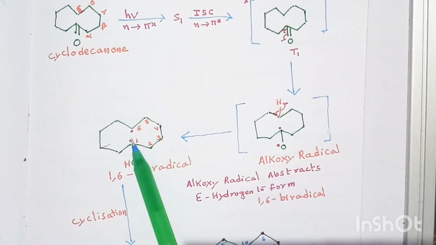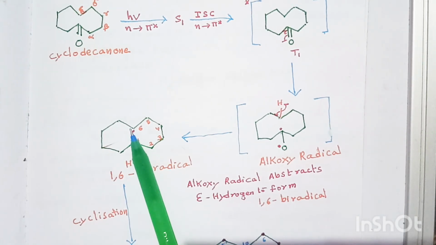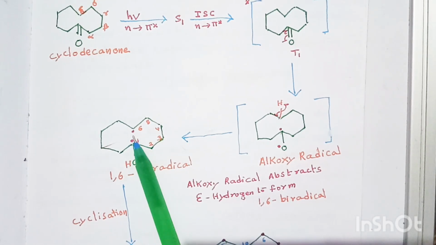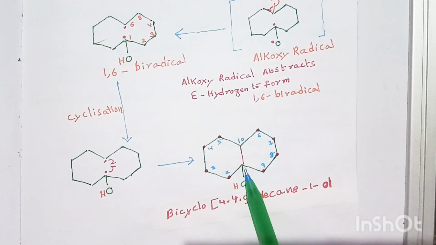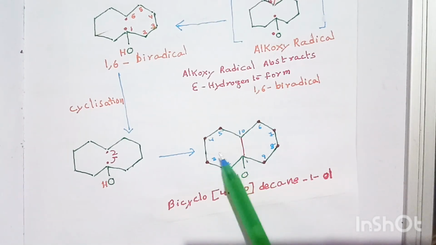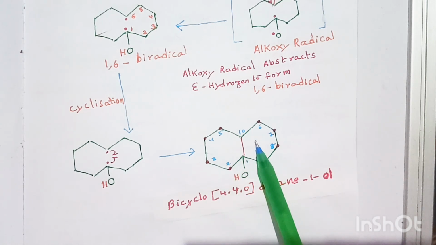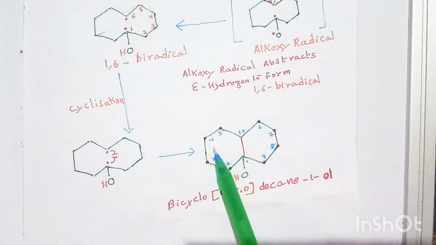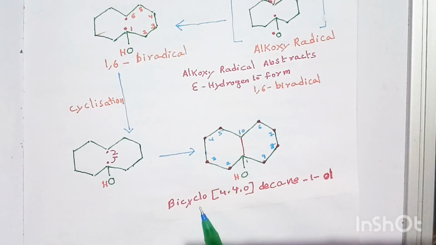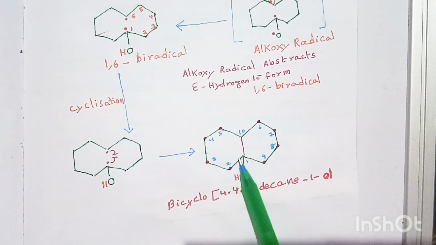As a result we get a new radical here on the epsilon carbon, and a radical is already present here. These two radicals will join together to form a new bond. The new bond is represented in red ink. As a result we get a bicyclo product. How to name this bicyclo product? These two rings are present, so it is called bicyclo. Each ring contains 4 carbon atoms, so 4, 4.